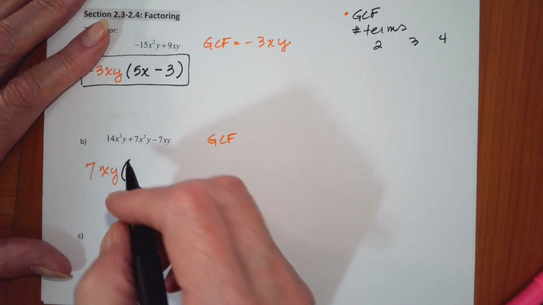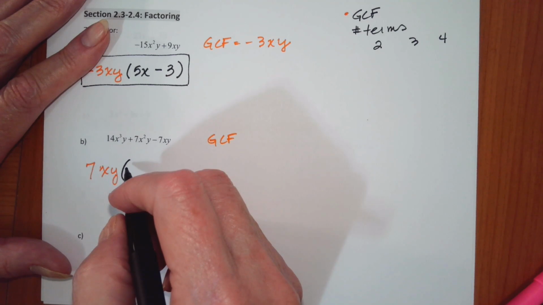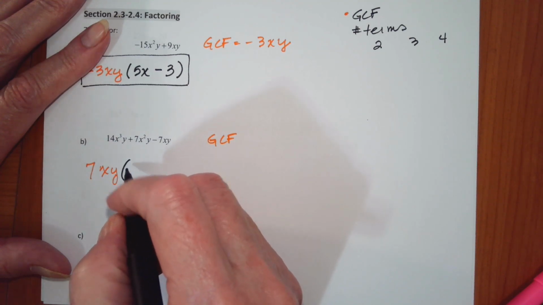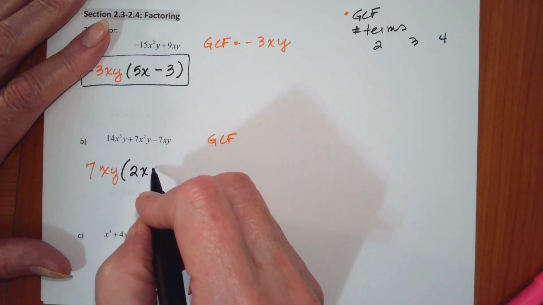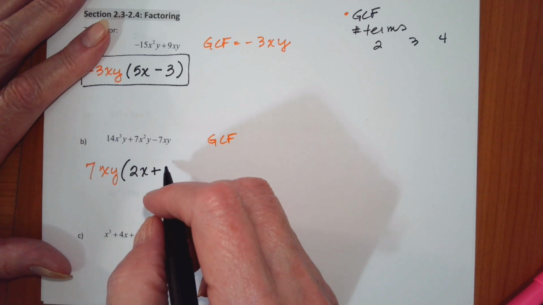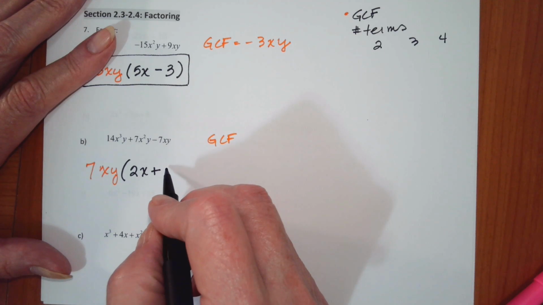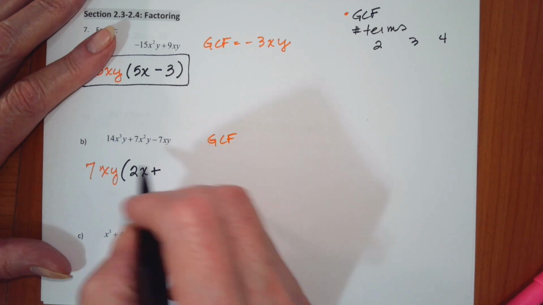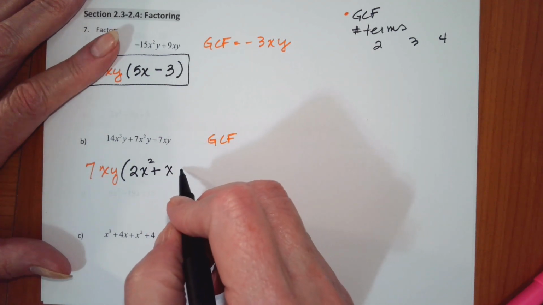So when I factor that out, I'm left with 2x squared plus x minus 1.